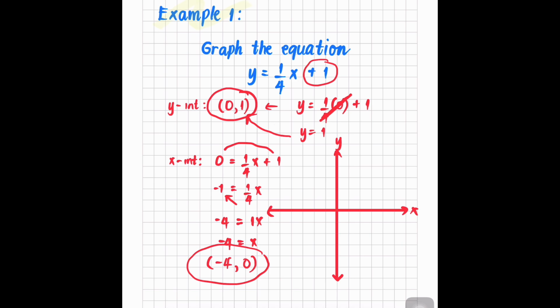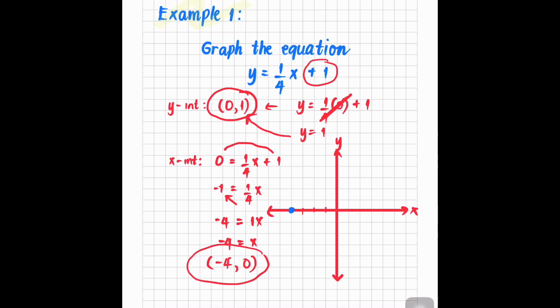All right, so let's plot first the x-intercept, which is negative 4, comma 0. So negative 4, comma 0, that's our x-intercept, which is on the x-axis. And for the y-intercept, 0, comma 1, which should be on the y-axis.